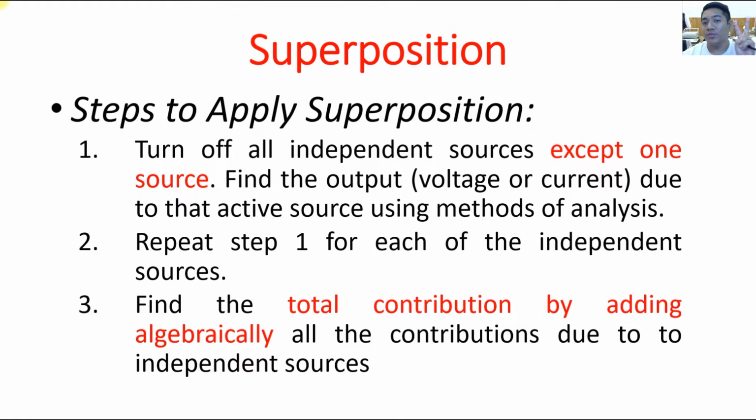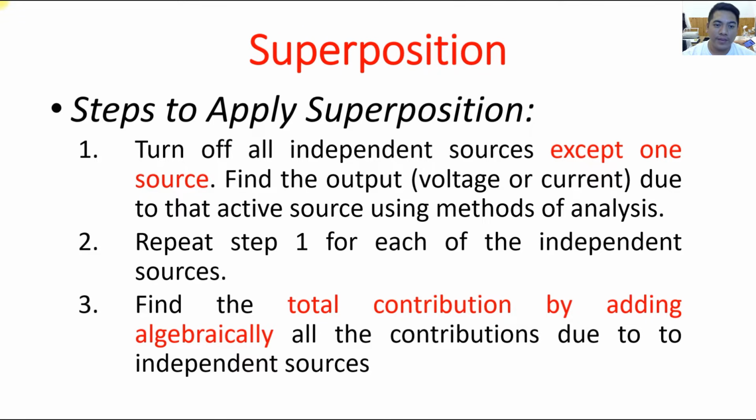So again, if you have two sources, you must turn off one. If you have three sources, you must turn off two. I'm talking about independent sources. Okay, find the output voltage or current due to that active source using a method of analysis, let's say KVL, mesh, or even nodal analysis.